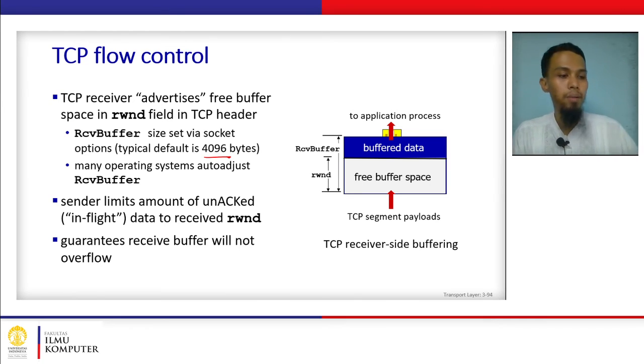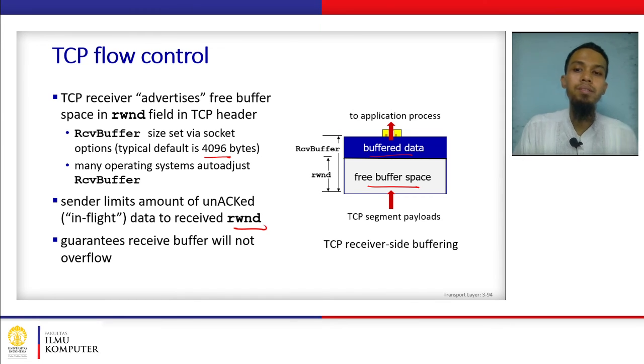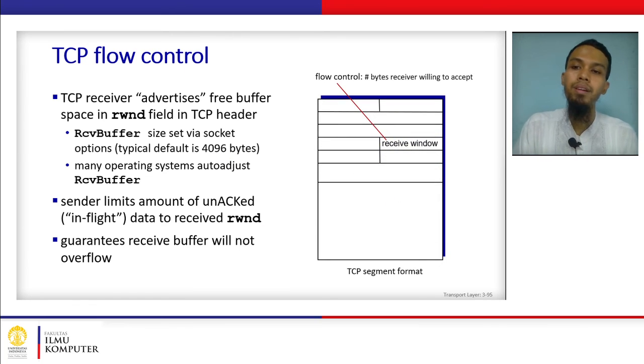From this total in the receive buffer, there is some data that is buffered already. Now we are left with the free buffer space. This is called the receive window. The receive window is the maximum number of bytes that the receiver can receive from the sender.